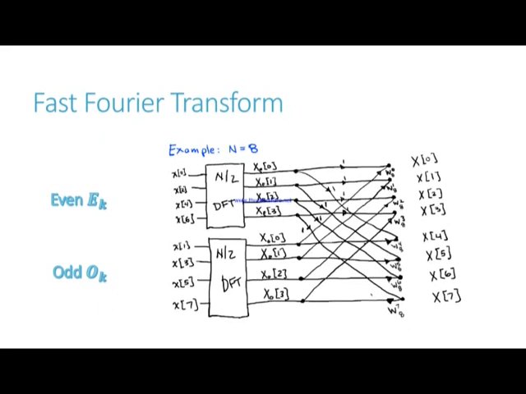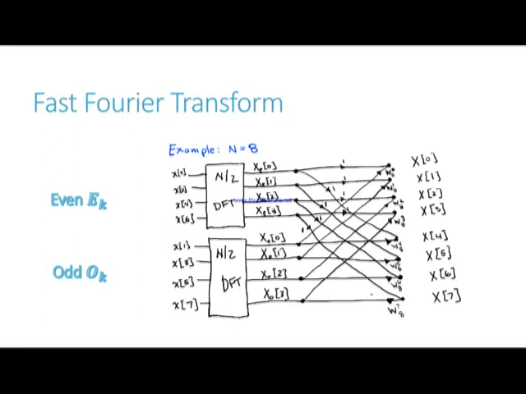We're going to take X_e0 times 1. Why? Because the arrows indicate multipliers, plus X_o0 times W_8 raised to the 0 power, notice here. That will get me X0, and suddenly I will work down here.